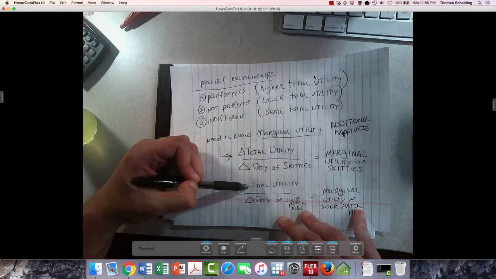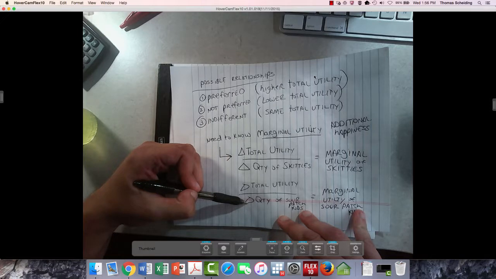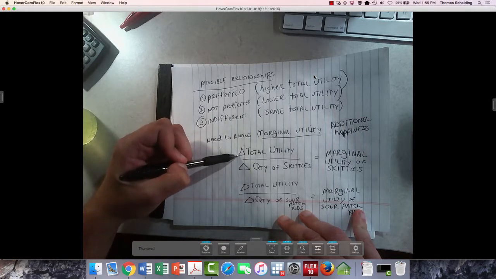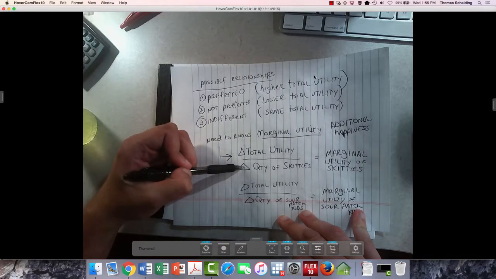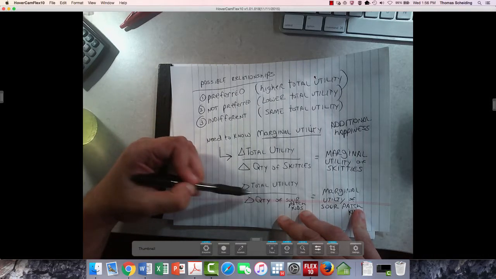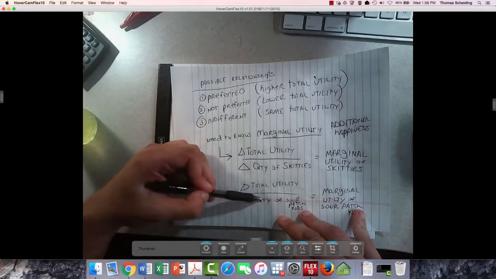How much additional happiness do I get when I get more or fewer Sour Patch Kids? The triangles, just in case you're unfamiliar with that, stand for the change. The change in total utility over the change in Skittles. Change in total utility over the change in Sour Patch Kids.